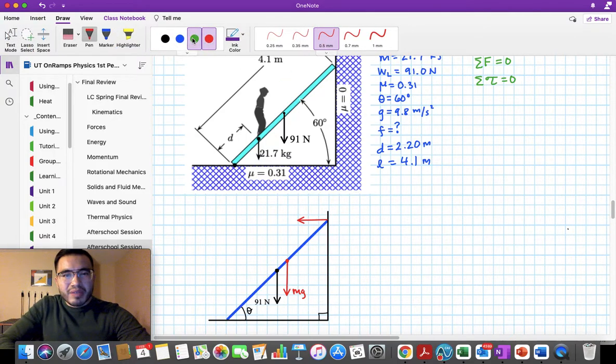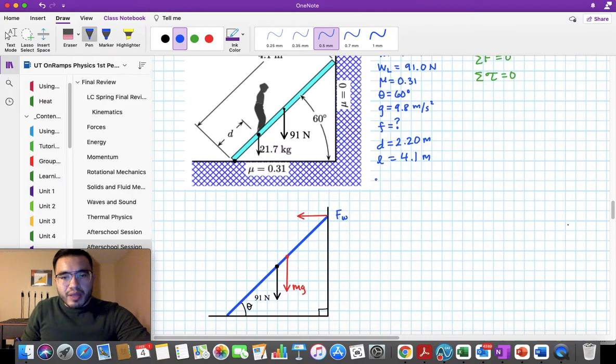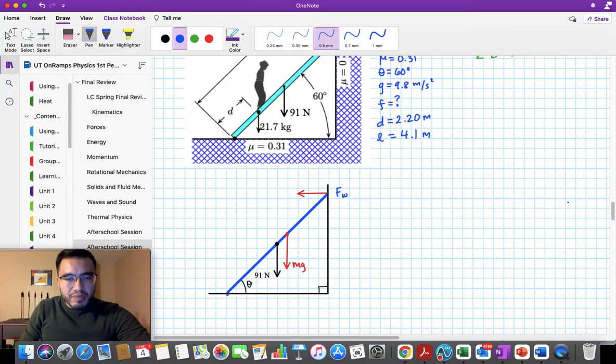We're going to call it F sub W, force of wall. And then we have a normal force here, which is acting opposite in direction but equal to these two combined.